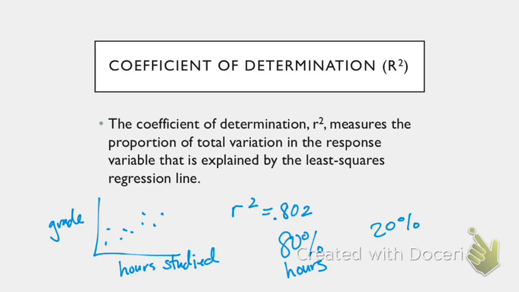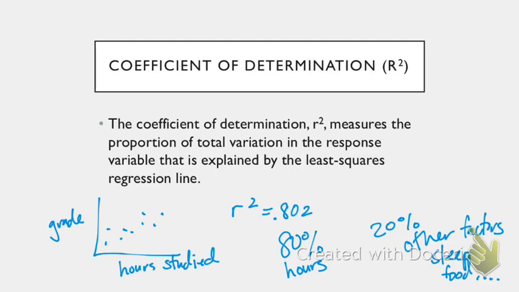The other 20% is due to other factors, like sleep, food, etc. That's all the other junk. But 80% of the reason why you made what you made is because of how much you studied, okay? So that's how to understand it.